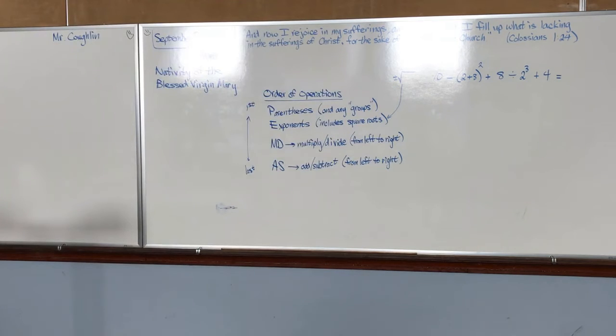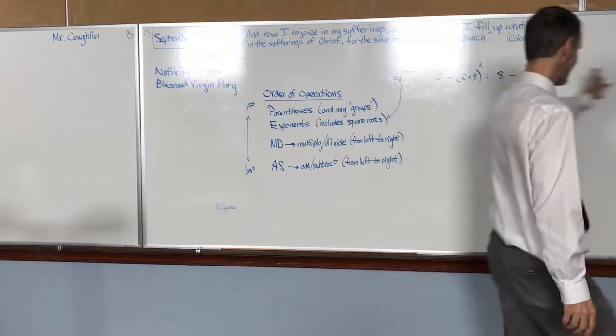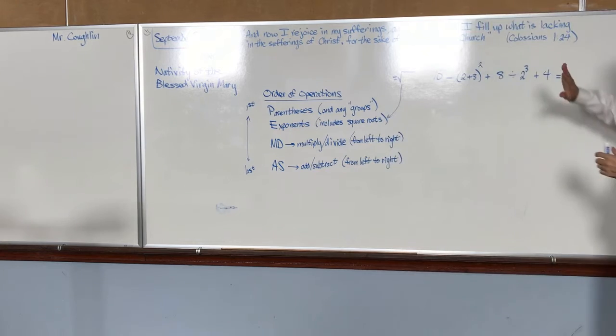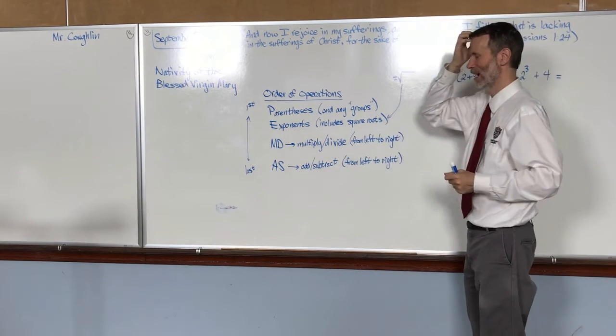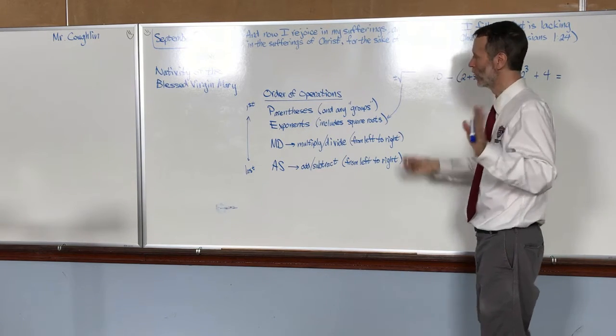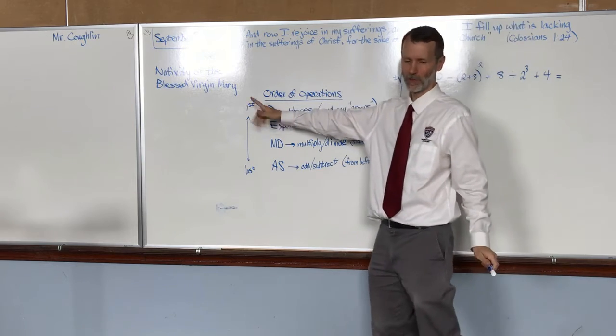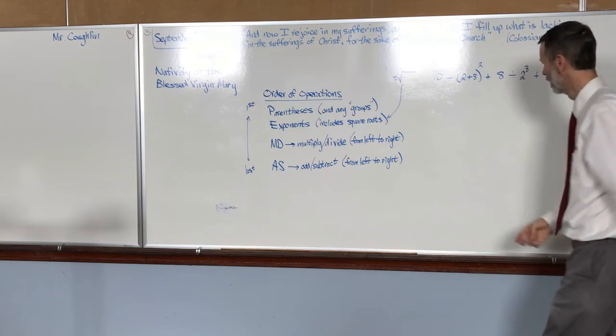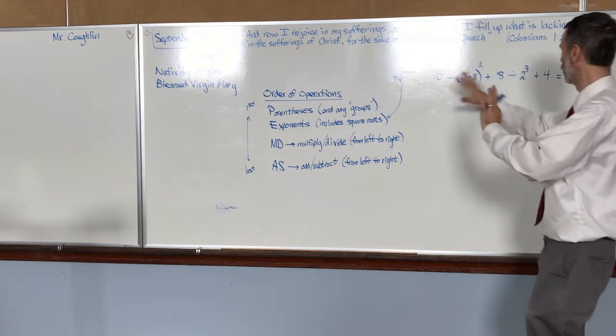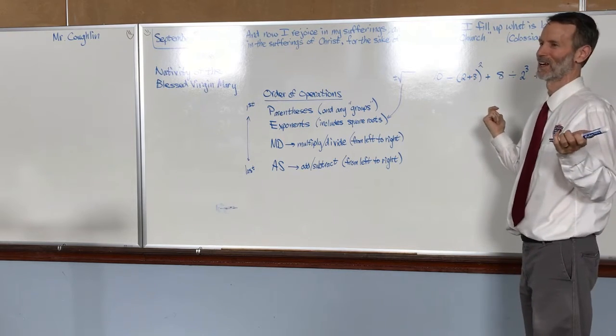Everything's blue. But where would we start on this one? Parentheses, right. We'd be tempted to start from left to right, but I can't yet. You disobey left to right, and rightly so, because we need to do any parentheses first. So, help me out here. Do we have any parentheses in here? Yes.